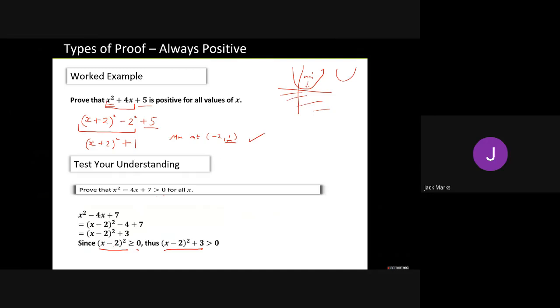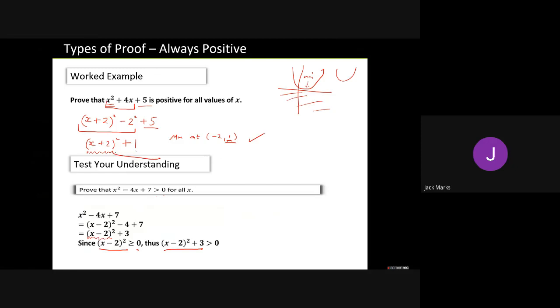If you put 2 in here, this whole part would become 0, but you're still adding 3 on. So the lowest that it can go is 3. Well, in the part that I did, this part here, the lowest it can go is 0, when you're at minus 2. So 1 is the lowest that it can go.